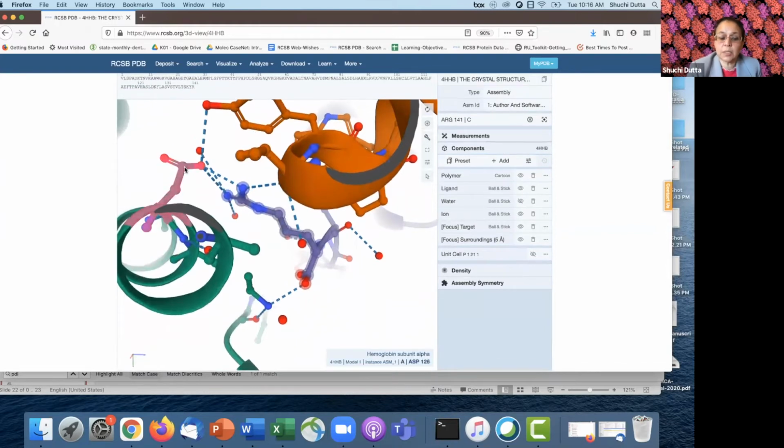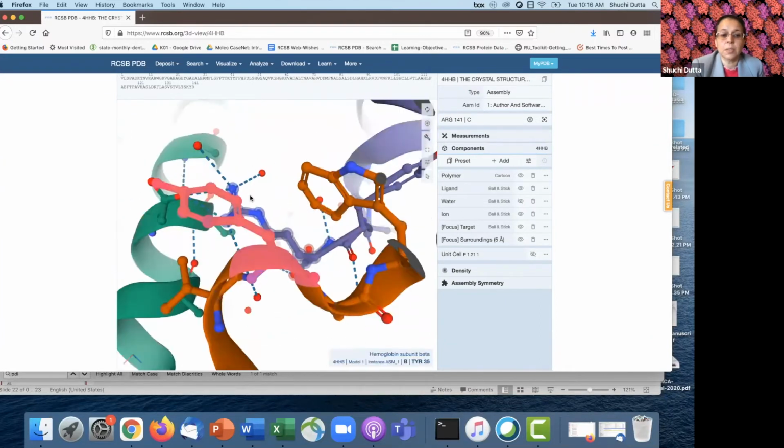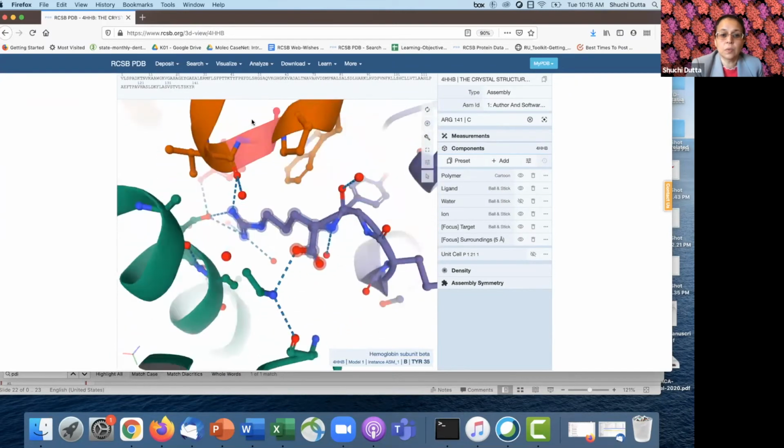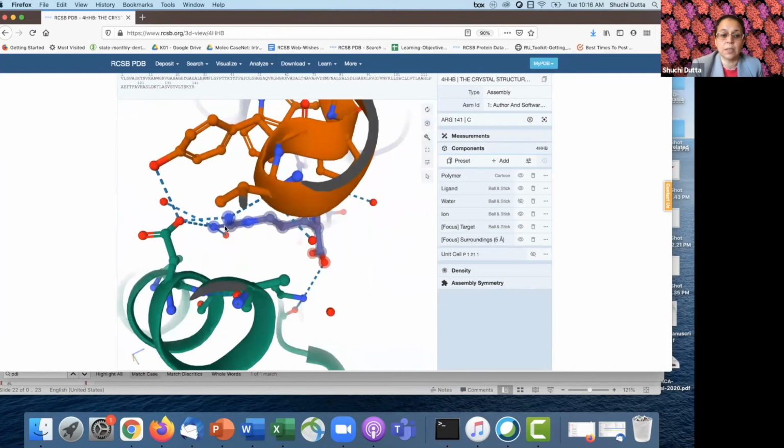This aspartate in chain A, notice the description given at the bottom of the screen, this 3D canvas. It is interacting with some waters. It is also close to this particular tyrosine from chain B, but it's not a direct interaction. It is via this aspartate.